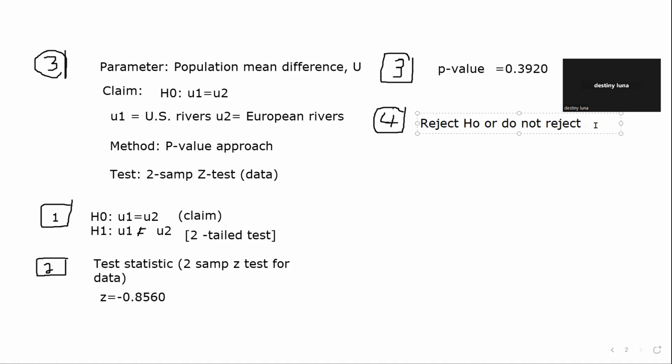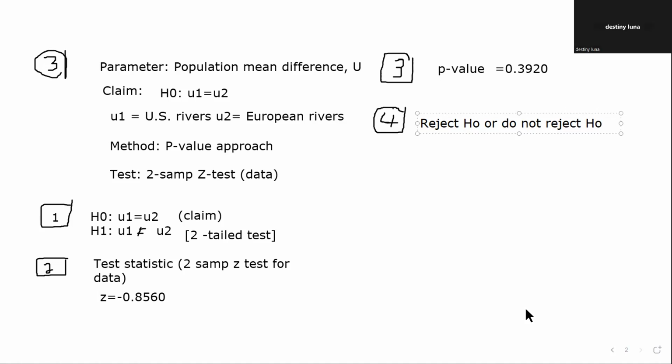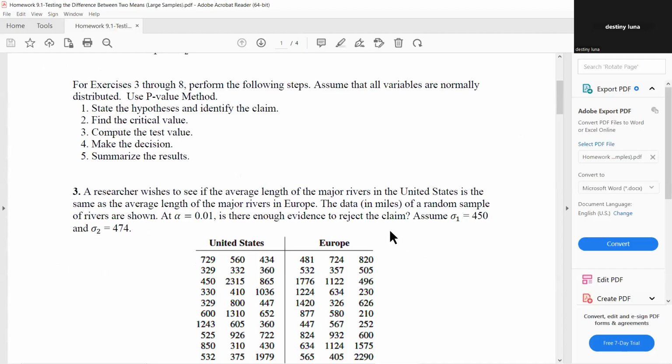We do that on the basis of our p-value, and our p-value here is clearly larger than anything that alpha is going to be. But let me check my alpha. Let me go back and grab the homework here. It says at alpha is 0.01, is there evidence to reject the claim? The claim was that they're the same.